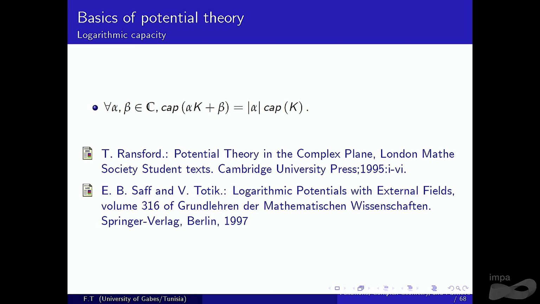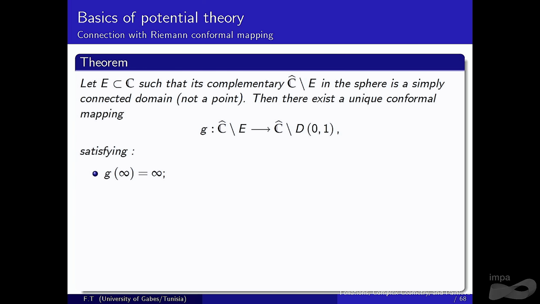We have this formula for the capacity of sets. And be careful: capacity, unlike measures, is not continuous, not additive, and not subadditive. Now, the connection with our problem.